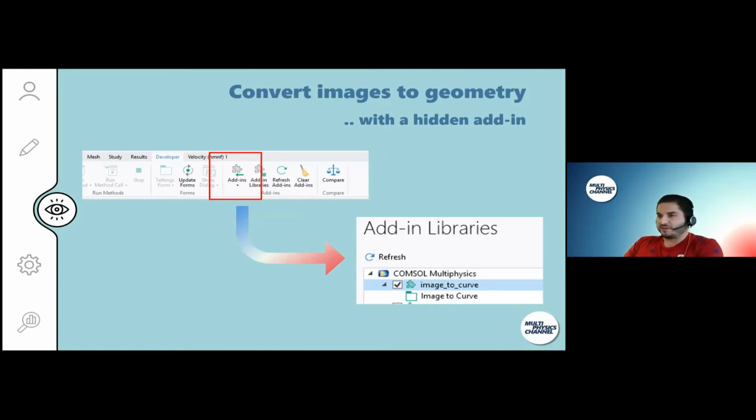If you go to COMSOL, in the Developer tab, there is an add-in you can load, and that has the functionality image to curve. When you load image to curve, you will be able to convert pictures, JPEGs, even your hand sketches, whatever it is, into a geometry file. I will show you in a second how that works in practice.